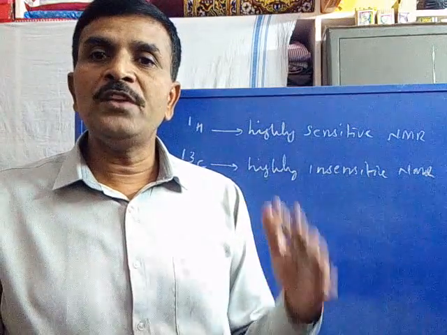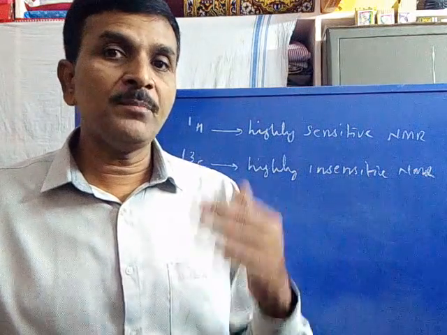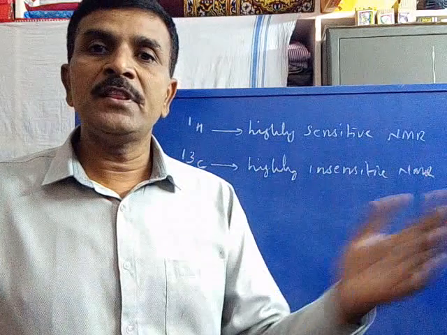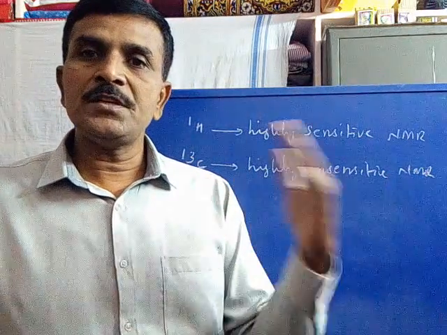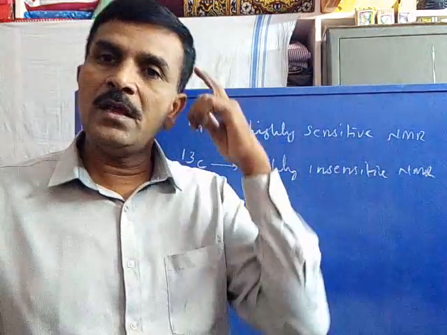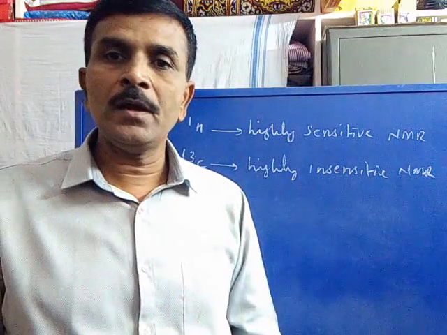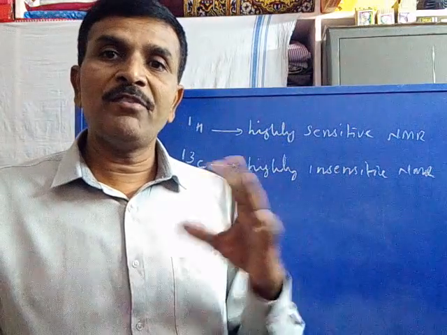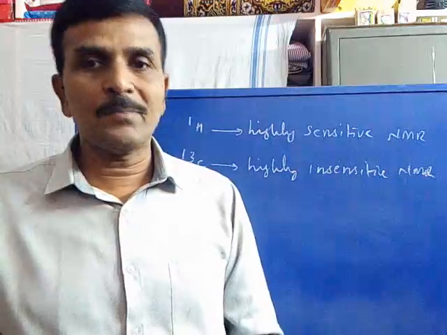Therefore, low sensitivity signals appear in the NMR when compared with proton NMR. All this we discussed in the introductory part of this chapter, and we also compared the differences between proton NMR and carbon NMR.